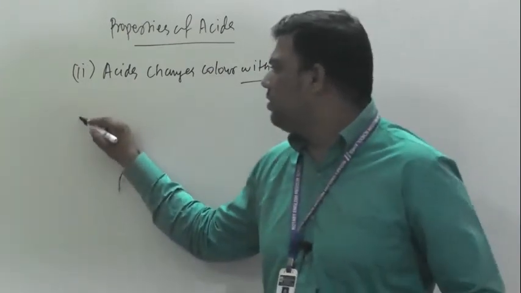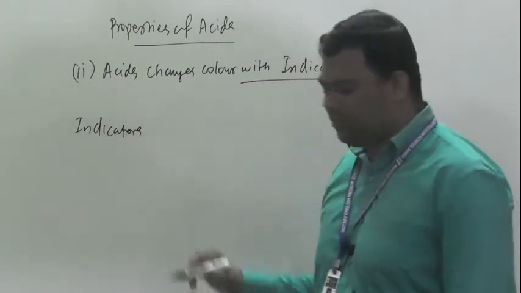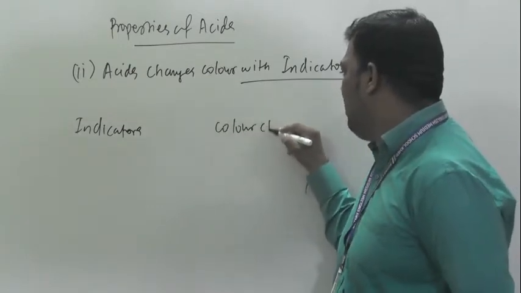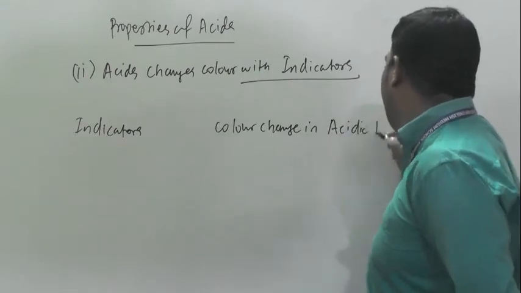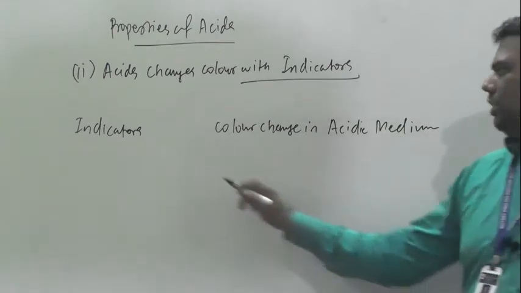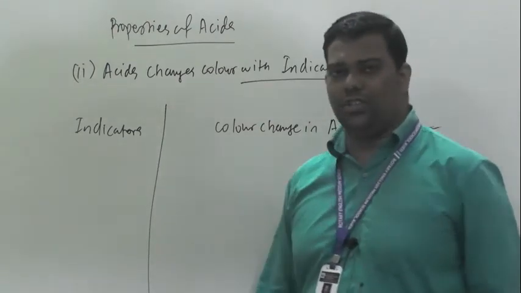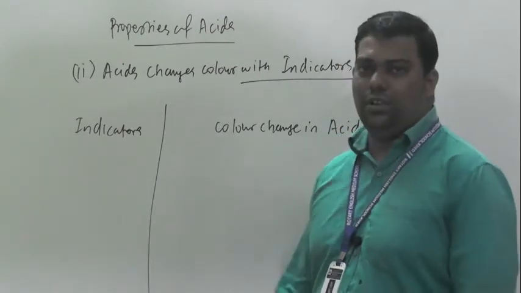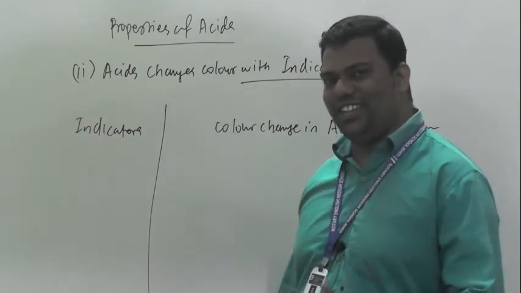We will discuss some indicators and their color change in acidic medium. In practical, I will make one special video on how they change on adding acids and bases with indicators.